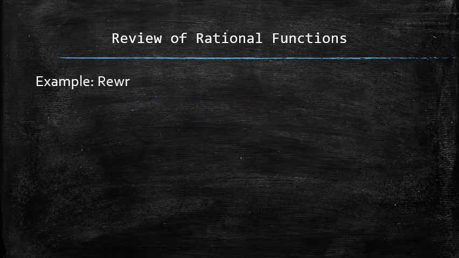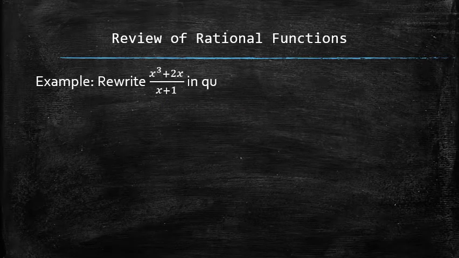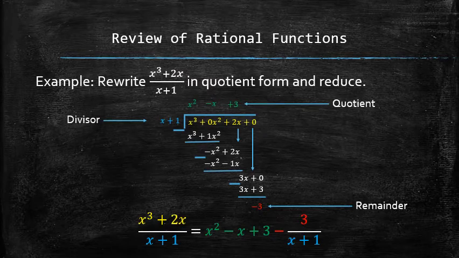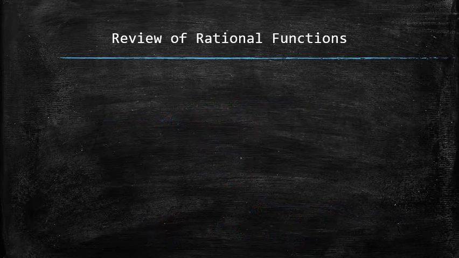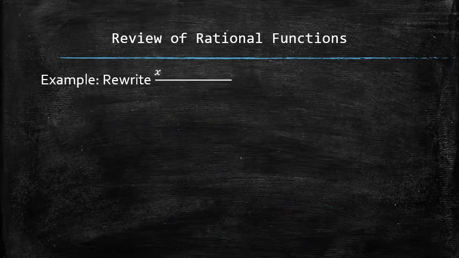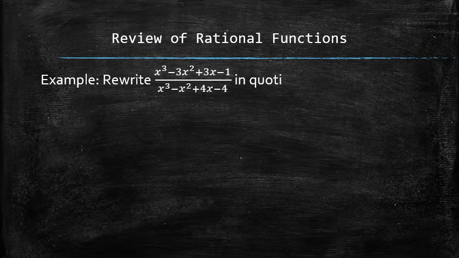Let's take a look at one of the previous examples and see if it is possible to reduce the result. Since the numerator and denominator are both in factored form and there are no common factors, we conclude that the original rational function is now in reduced form. Let's take a look at one of the other previous examples.